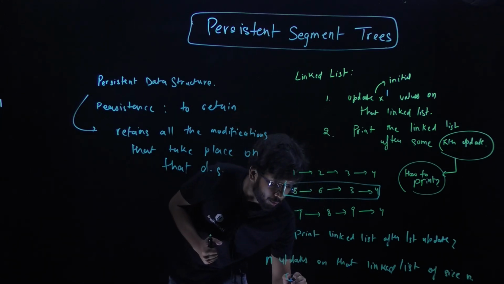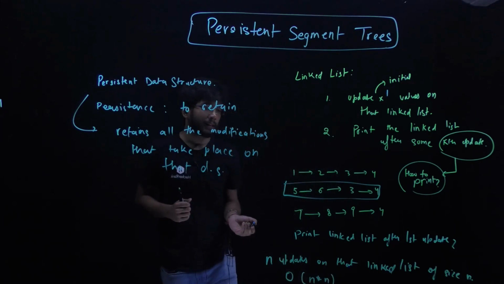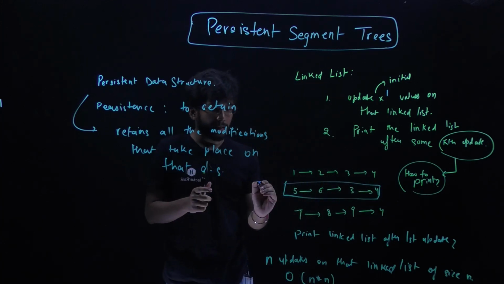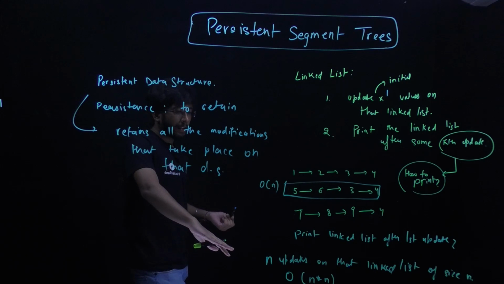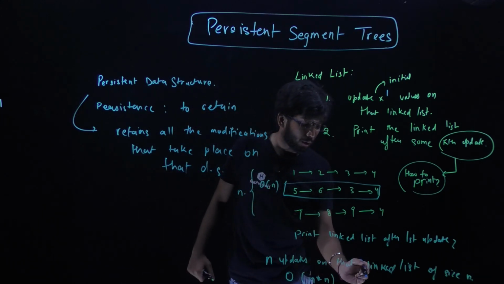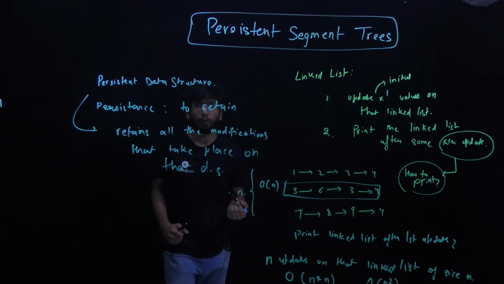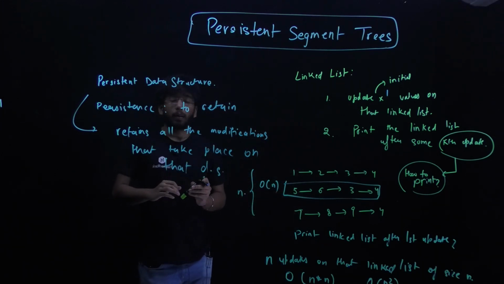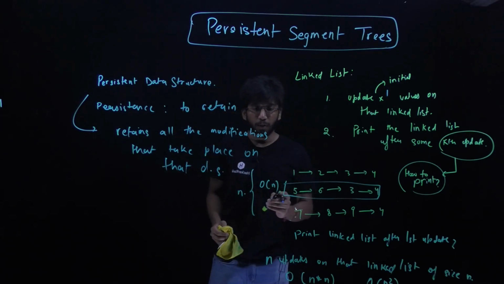The complexity would be O of n into n because each time we are constructing the entire linked list, which is of size O of n, and we are doing this n times. So this makes the complexity O of n square, which is not what we prefer. We can do something better. I'd recommend that you pause the video and think of a solution to this problem.